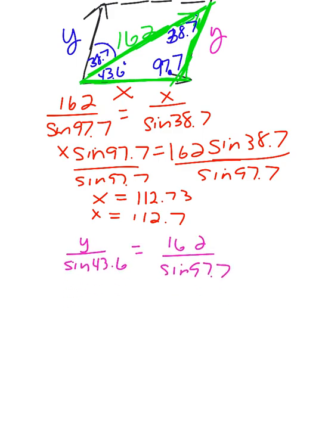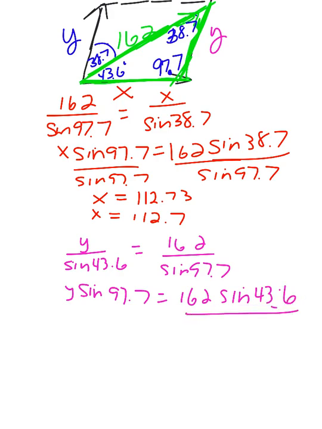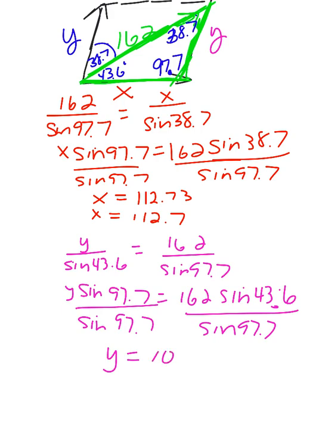Cross multiply, so I get y sine 97.7 equals 162 sine 43.6, divided by sine 97.7. Plug that in the calculator, and we get y equals 102.21, which is 102.2 to the nearest tenth.